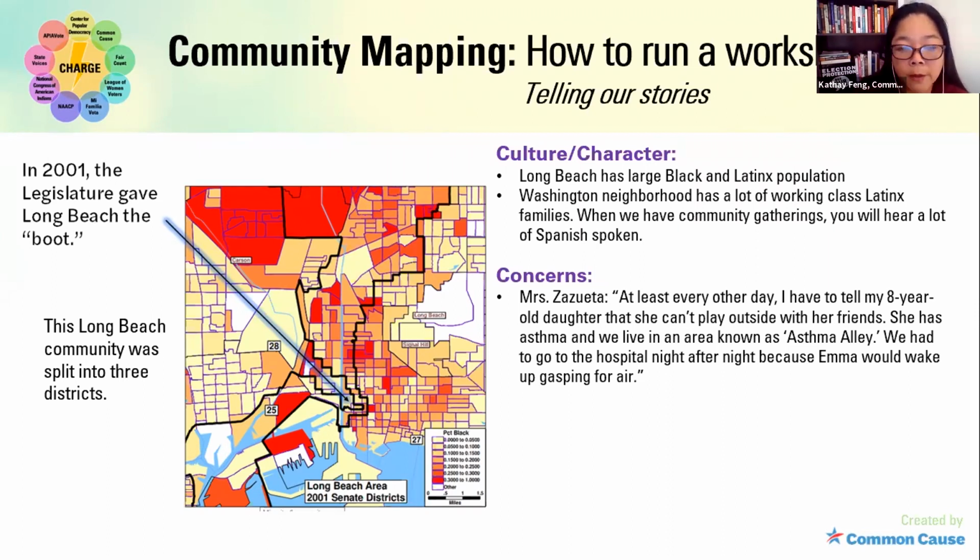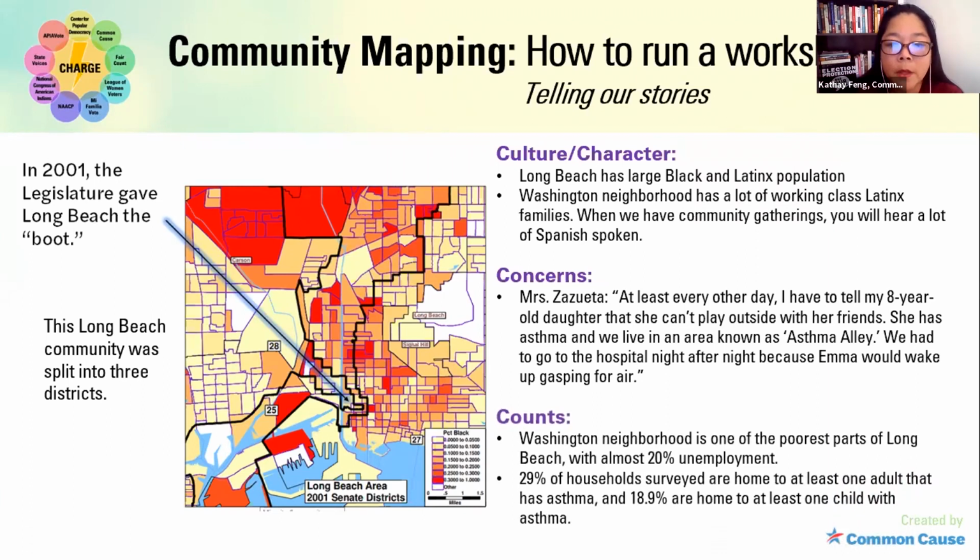What are some counts that this community can talk about? One example is the extent to which families have asthma. This area has so many asthma cases that it's called Asthma Alley. As you can see, the rates of asthma are astronomical. The way communities are drawn impacts how districts are drawn.